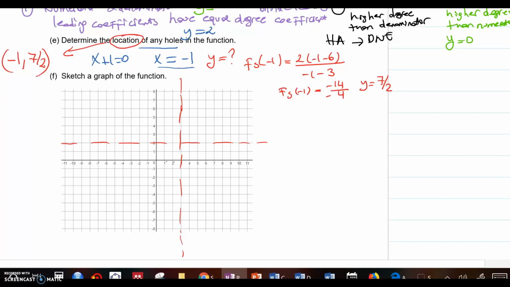So I know that the function is not going to be crossing the asymptote, right? So I could be either this area, this area, this area, and this area. All right. So then I'm gonna put my x-intercept, which is 6, 0. My y-intercept 0, 4, which is there.